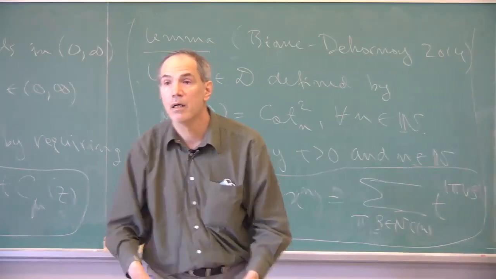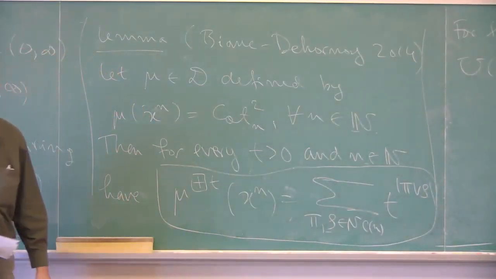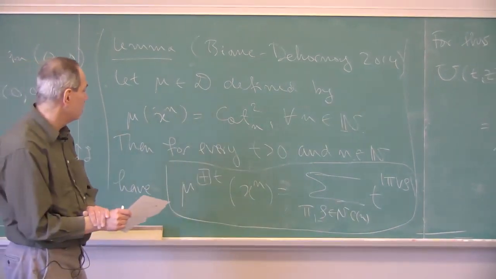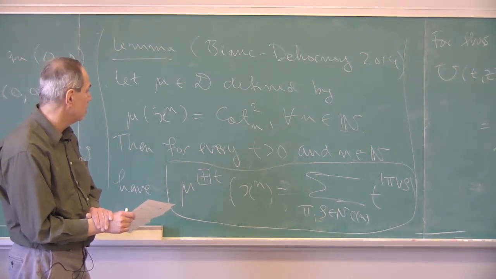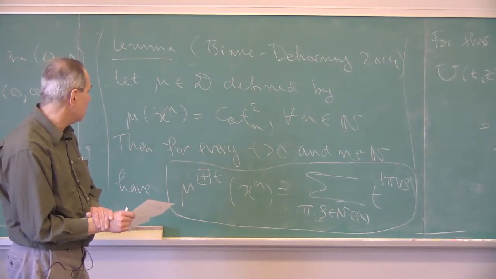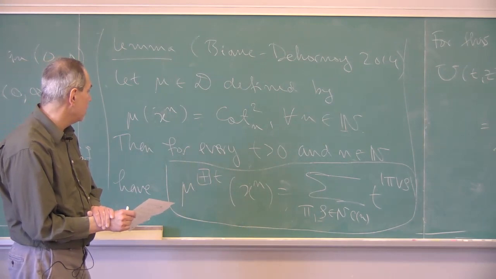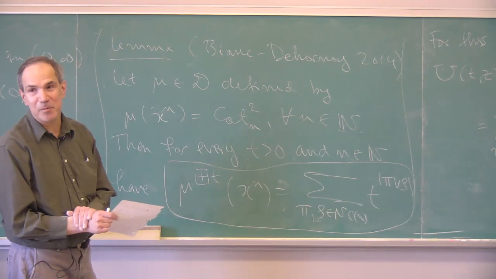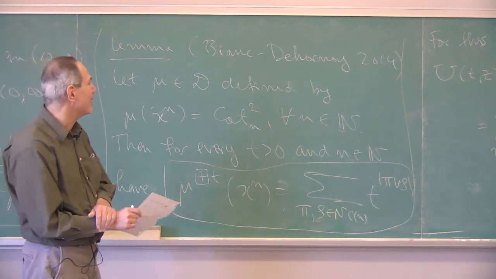Question: is there an analog of this lemma if it is exactly Catalan numbers, instead of square Catalan numbers? How do you get from the square Catalan numbers lemma? I don't remember.